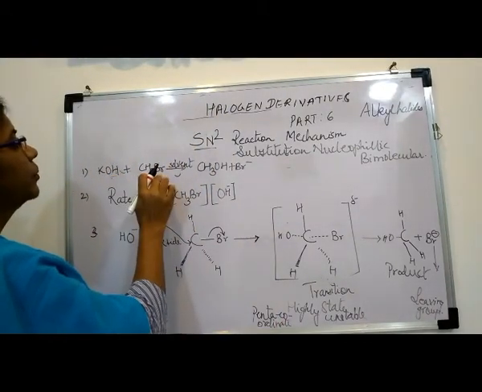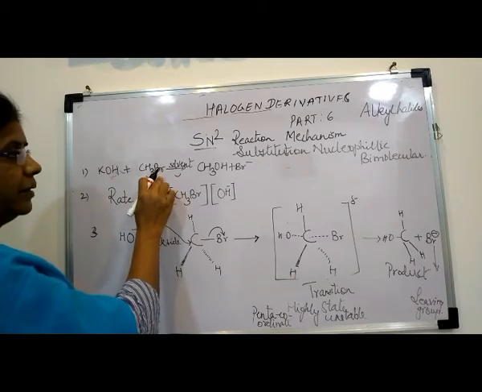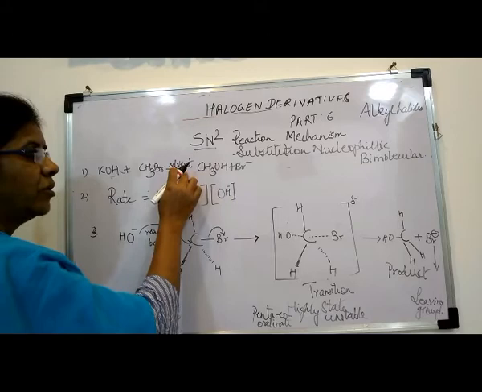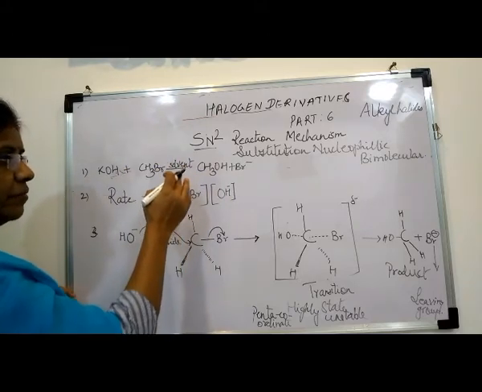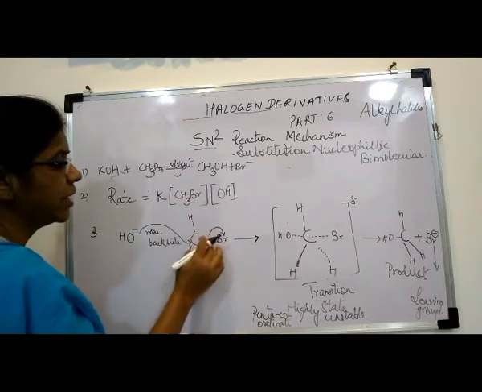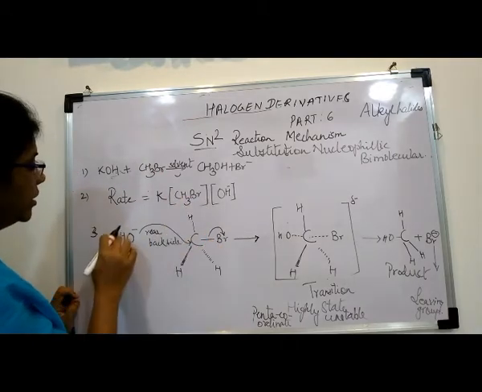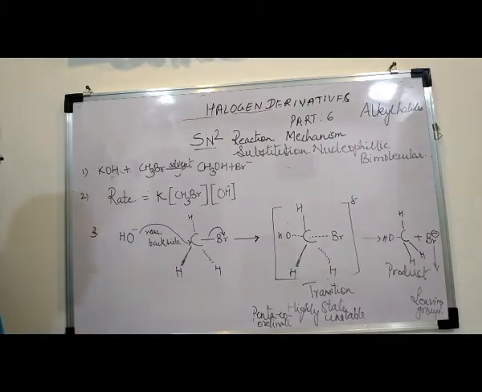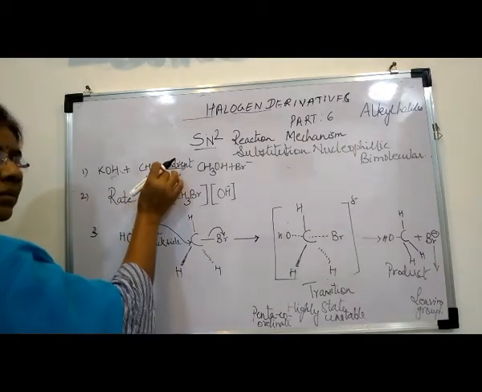Hydrolysis of methyl bromide, a primary alkyl halide, undergoes hydrolysis, breaking. Which bond will break now? The bond between C and Br will break, and the bond between C and OH will be formed completely. This is also a nucleophile.